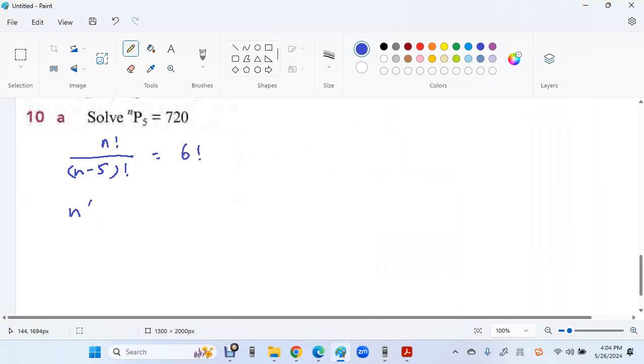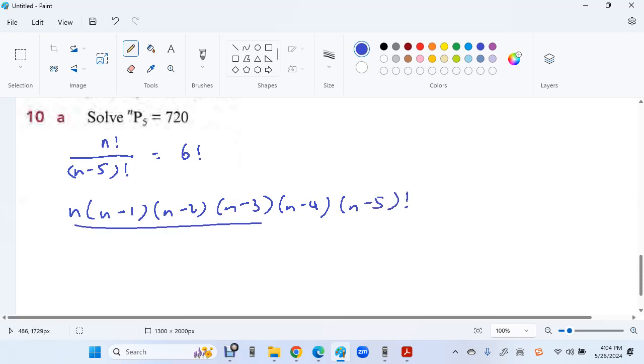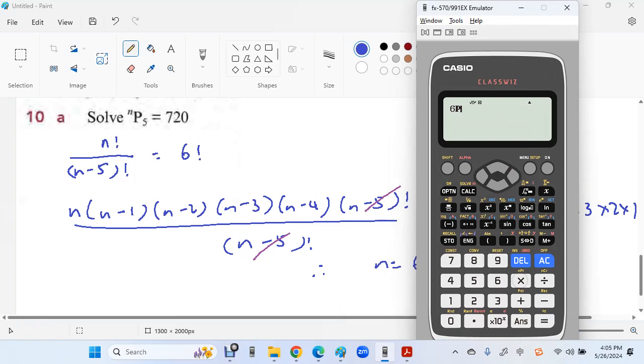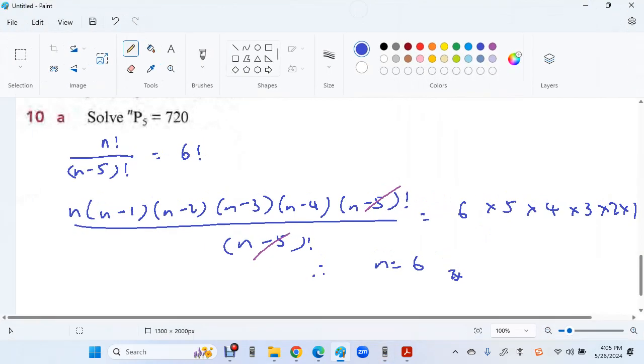Then this one is actually n, n minus 1, n minus 2, n minus 3, n minus 4, and the n minus 5 factorial, divided by n minus 5 factorial. So it is 6 factorial, which is 6 times 5 times 4 times 3 times 2 times 1. So this one we cancel. So comparing, we will have n equal to 6. So we have 6P5 is equal to 720. Yes, correct.